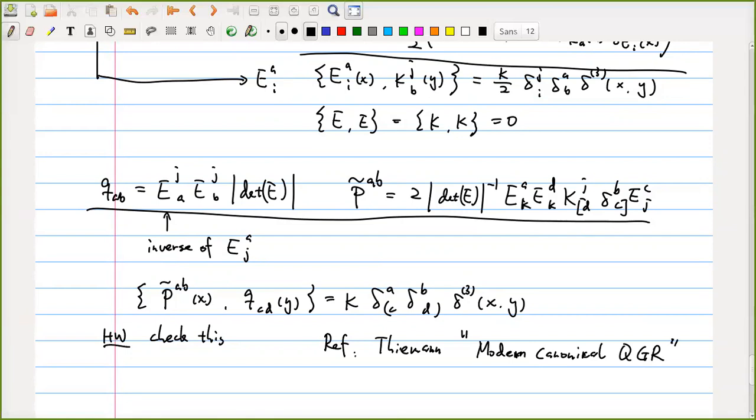This book will be our important reference, so I have also listed this reference on the lecture webpage. In this book you can find some details about this derivation, but it is your homework to try it by yourself. All right, so I think that's all for today.